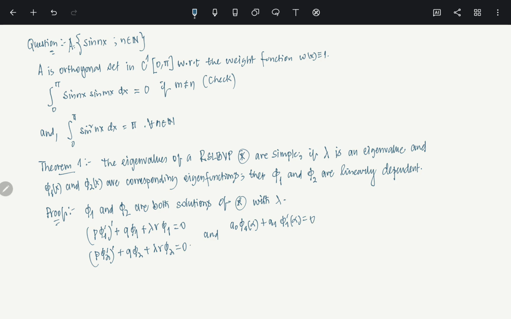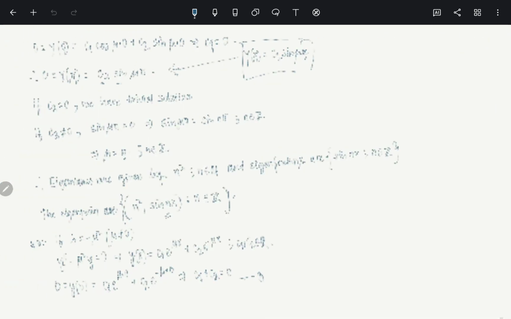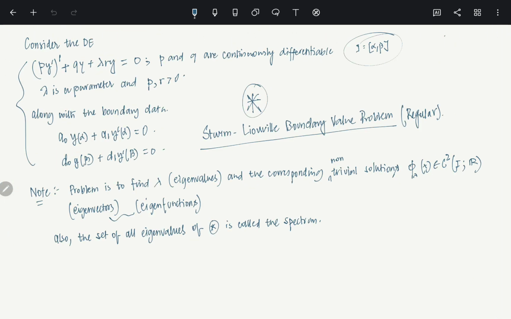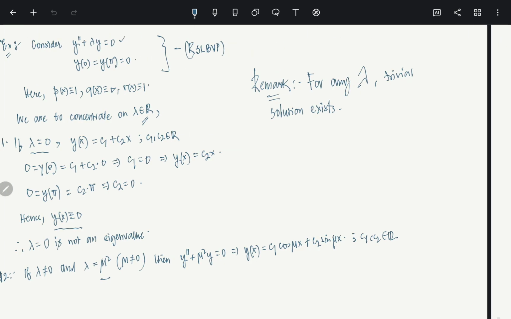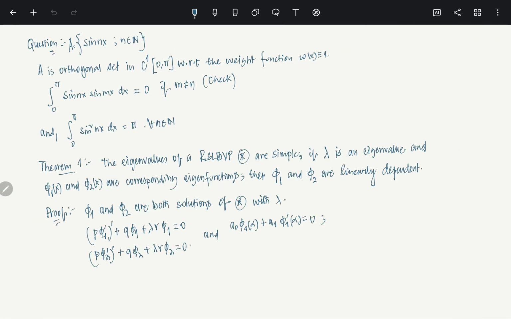And then D0 phi1 at the point beta plus D1 phi1' at the point beta is 0.